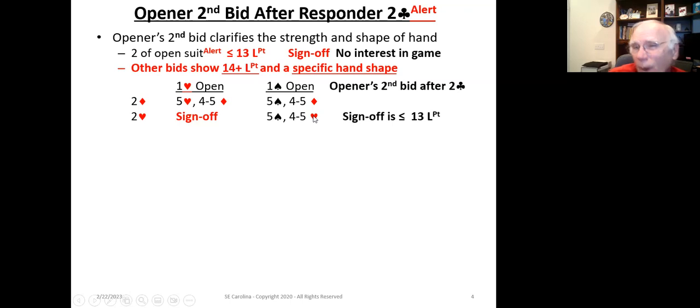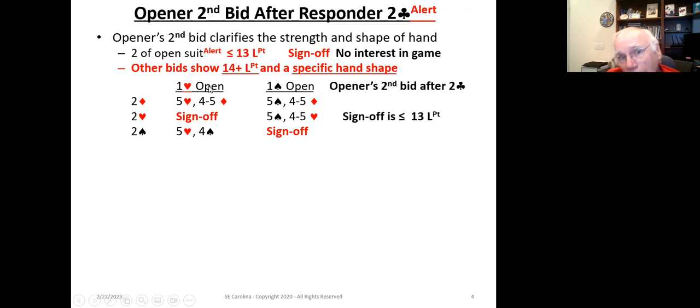It doesn't say where the other 3 to 4 cards are, but it's giving the responder a lot more information as to how many cards the opener has in what suit, and that they've got 14 plus points. Now, if 1 heart is bid, and the opener comes back and bids 2 spades, they're saying, I've got 5 hearts and 4 spades.